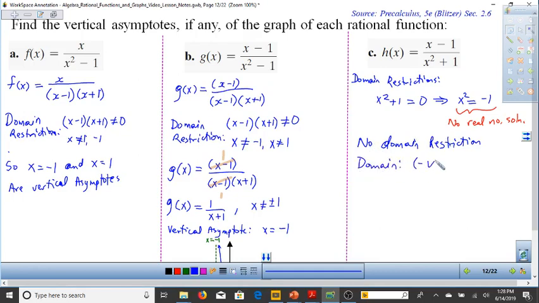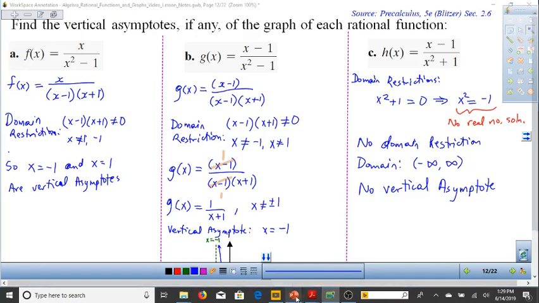The domain is negative infinity to infinity. And since the domain is negative infinity to infinity, there is no vertical asymptote because there's no place where the graph breaks horizontally. No vertical asymptote. And there you have it.